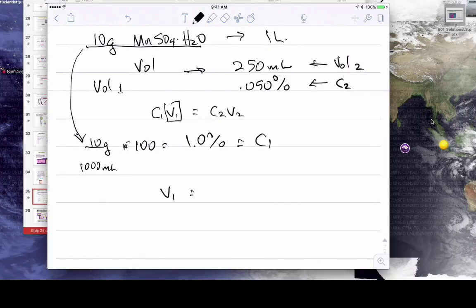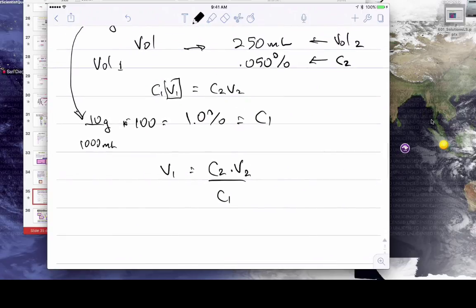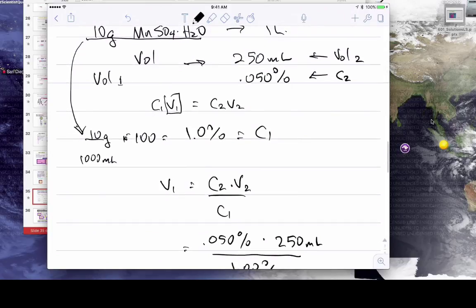V1 is equal to C2 times V2 divided by C1. What we have is 0.050% times 250 milliliters divided by 1.00%. That volume comes out to be 12.50 milliliters.